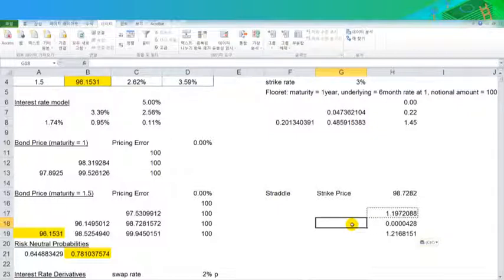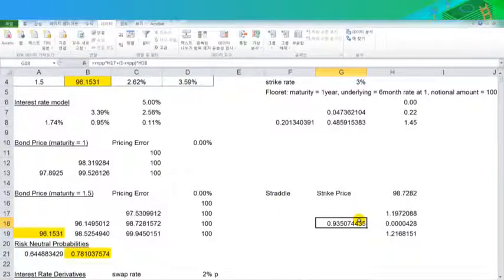Now, let's calculate the price of this straddle in 6 months. So we calculate expected value first because here 6 months later the risk neutral probability is this one. So first we calculate expected value. So RNPP multiplied by this one going up plus 1 minus RNPP multiplied by this one. So it is expected value, but now we have to discount it back.